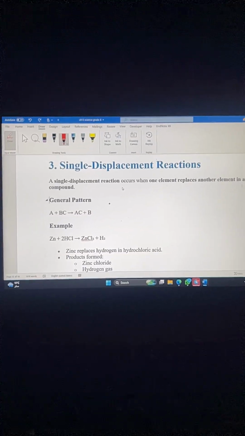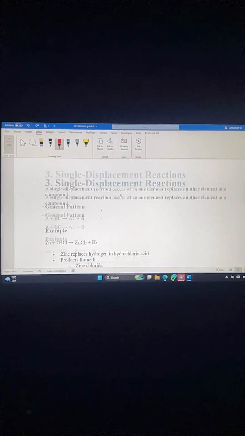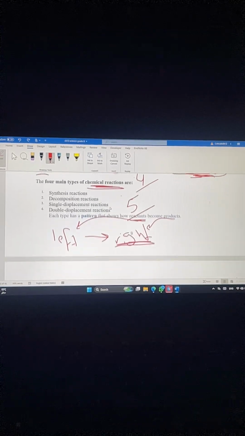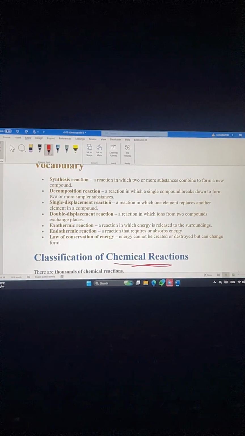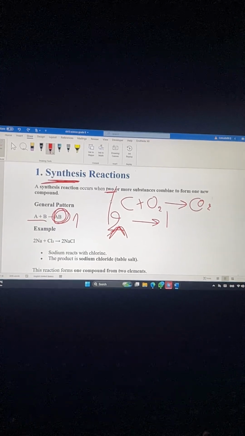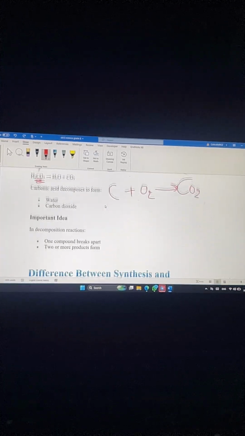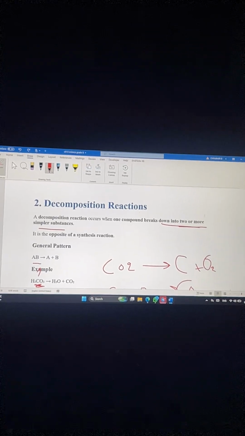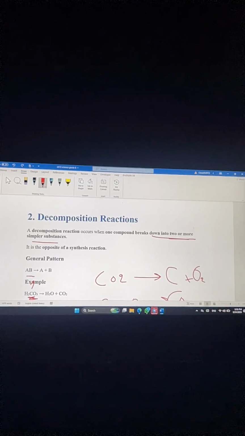If you remember, we explained the types of chemical reaction: the first type, which is synthesis reaction, and the second one, which is decomposition reaction.